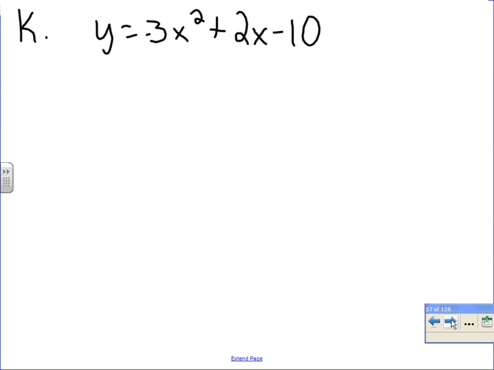I would write it all out until you get really, really good. Remember, this one's going to be an imaginary number, so if you don't get an I in there, you might have multiplied something wrong.